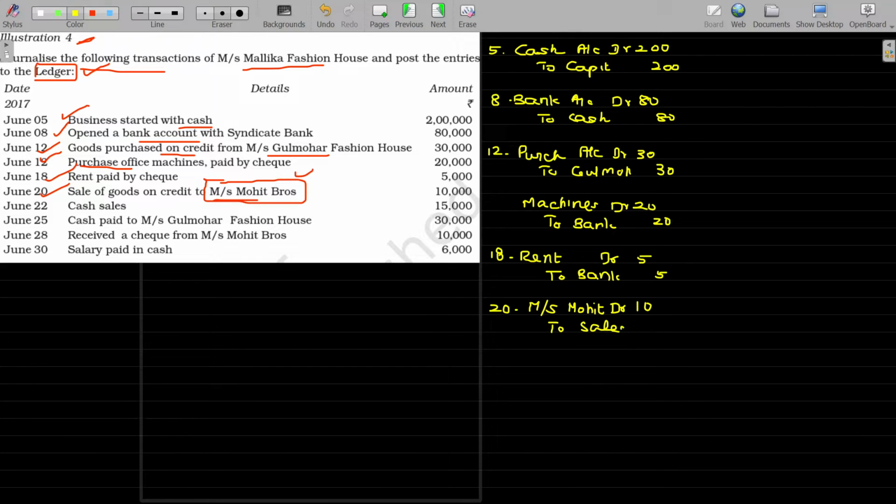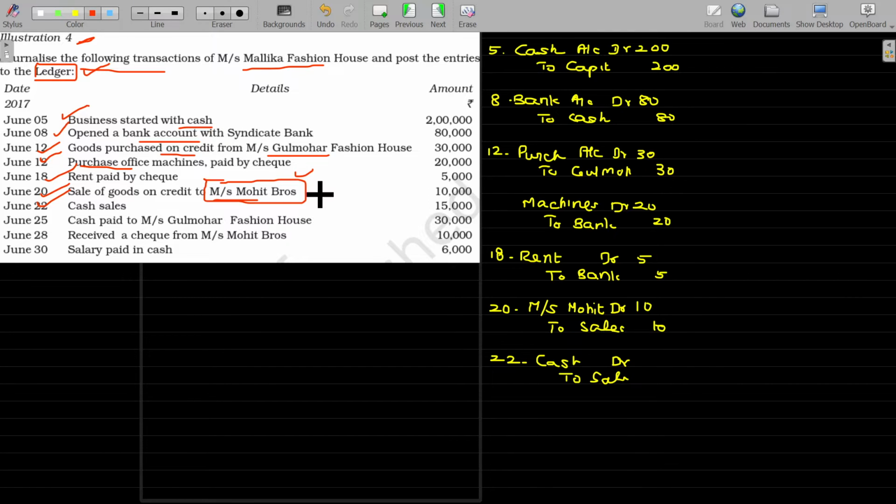Value being 10,000. And on 22nd, cash account debit to sales, right? The value being 30. 30 or 15?